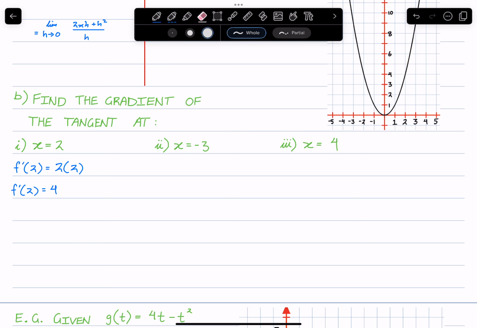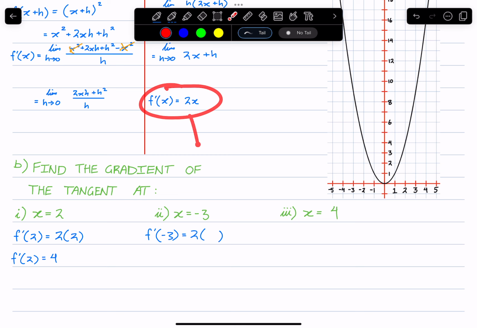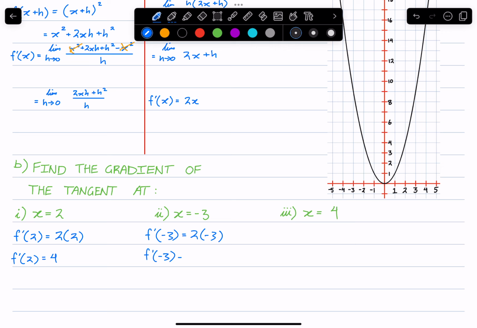When it asks, what is the gradient of the tangent at x equals -3, this can be found simply as f prime of -3 equals 2 times, and remember we got that from this derivative, and all we're doing is substituting -3 into x, so f prime of -3 is -6.